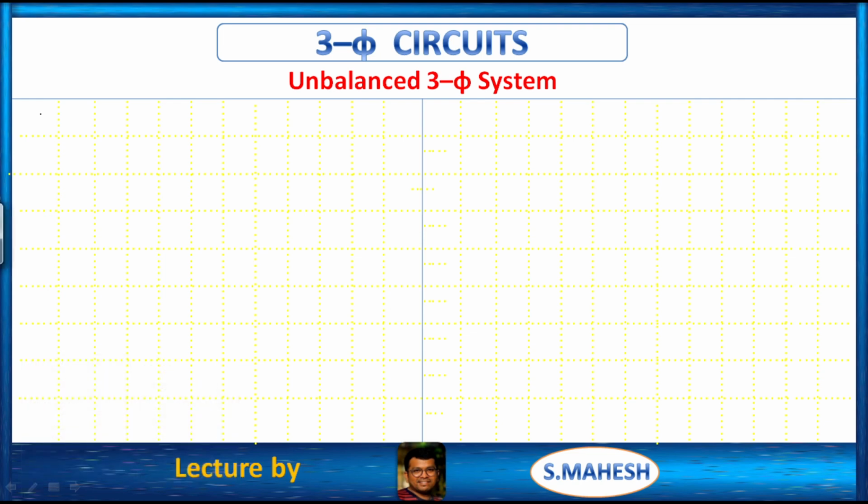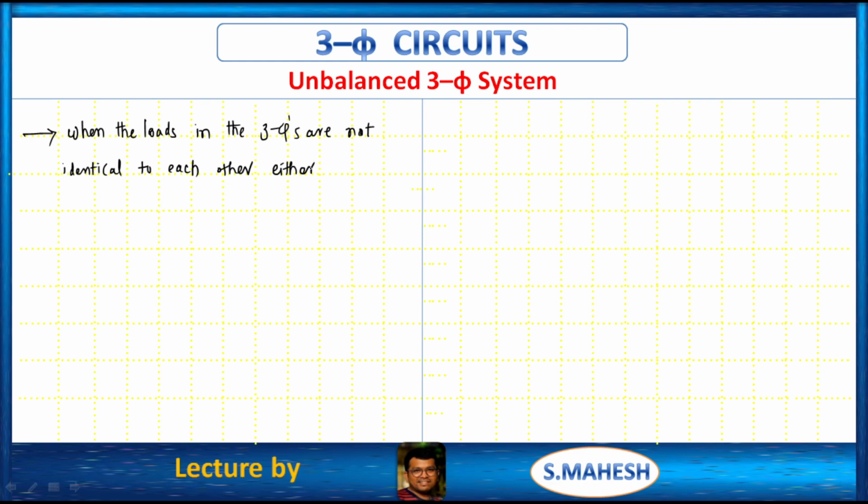When the loads in all the three phases are not identical to each other, either it is star or delta connection, in all aspects, that's it.